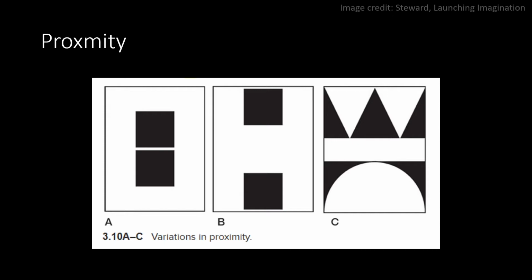But fusion occurs when shapes or volumes are placed so close together that they share common edges. For instance, right here. Our mind doesn't register these as two squares, but initially we register it as a whole, this rectangle, and then as we look closely, we notice that these are two separate squares.